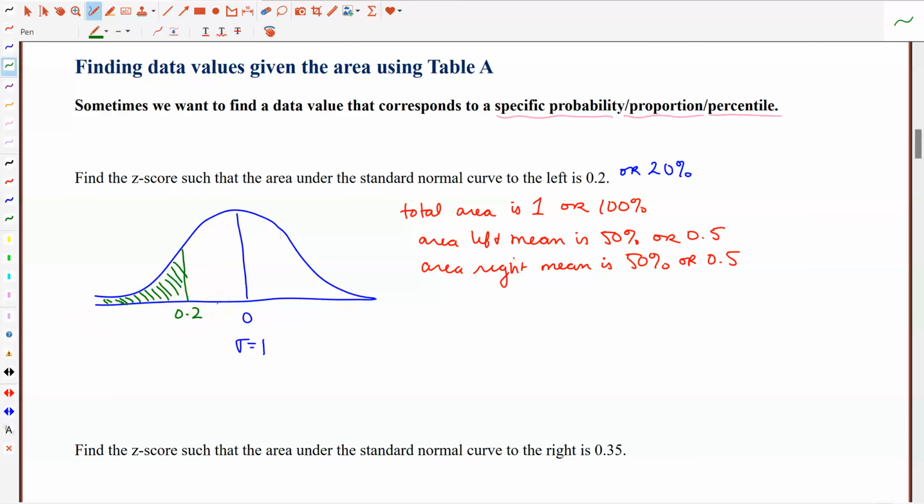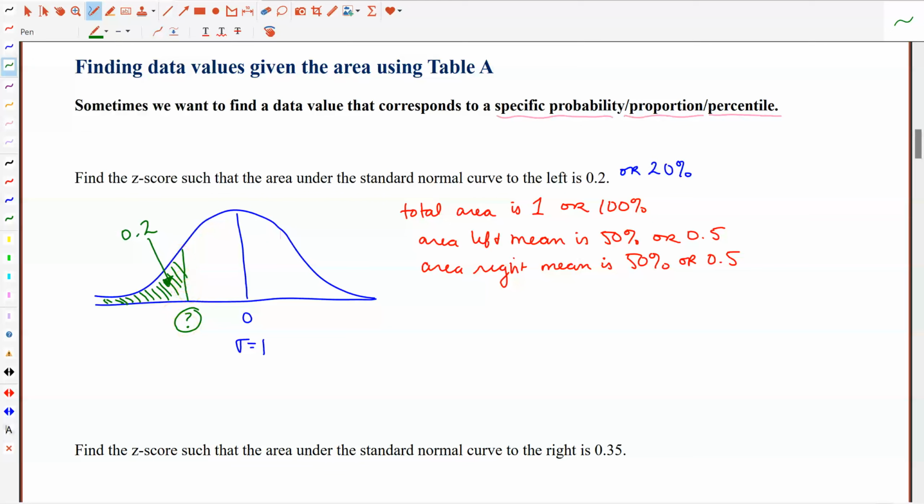It's reserved for just our z-scores. So that's not where I want to label my 20%. I would always recommend that when you're labeling your areas, you label them above the curve and maybe draw an arrow to the shaded region that you're looking at. So this shaded region right here is 20% or 0.2. And then the question for me is, who is this z-score? Who is that marker such that the area to the left of it is 0.2?